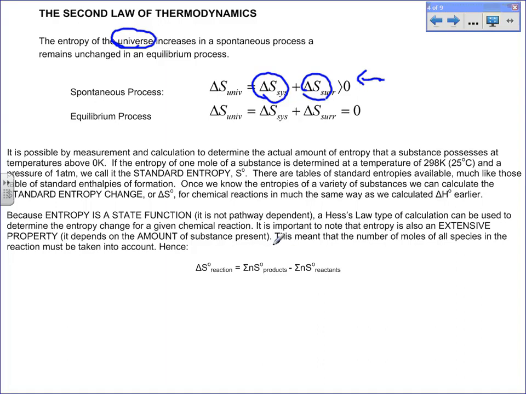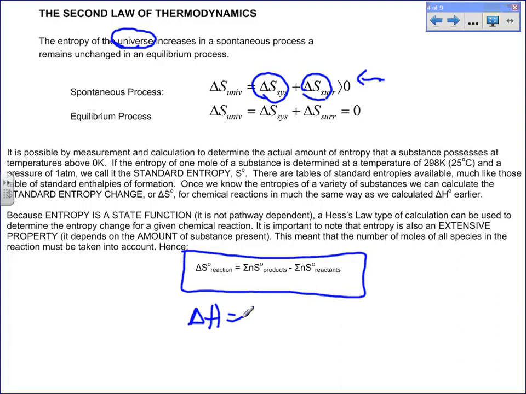So much like the formula that we used, which was an application of Hess's law, we were able to find the heat of a reaction by taking the sum of the heats of formation of the products and subtracting the sum of the heats of formation of the reactants. Okay, we can do the same for entropy.